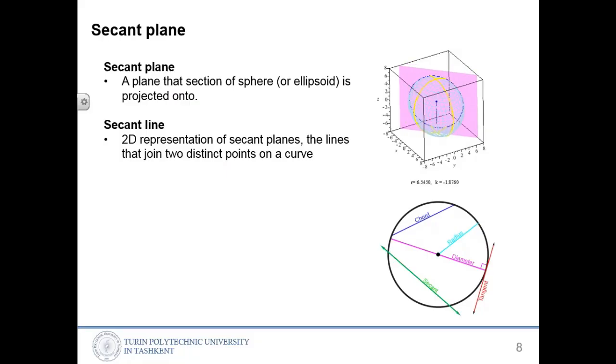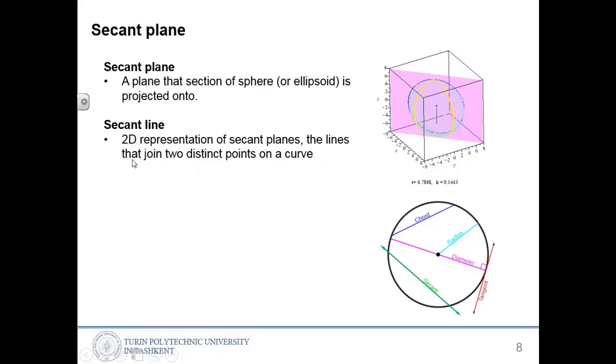Okay, so secant plane. What's a secant plane? A plane that the section of the sphere or ellipsoid is projected onto. Okay, so secant line. There is a secant line shown in green color. In the representation of secant planes, the lines join two distinct points of a curve.